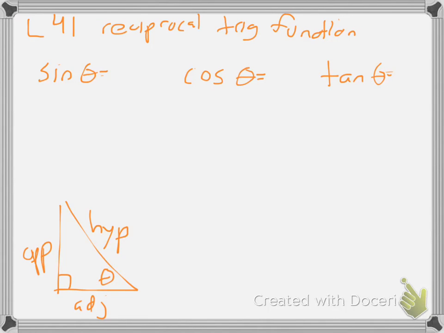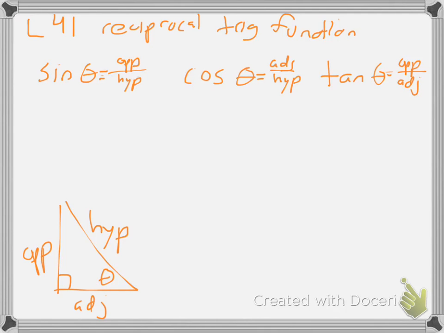Sine is equal to what? Opposite over hypotenuse. Cosine is adjacent over hypotenuse. And tangent is opposite over adjacent. So those are the three trig functions that you know based off the triangle below.